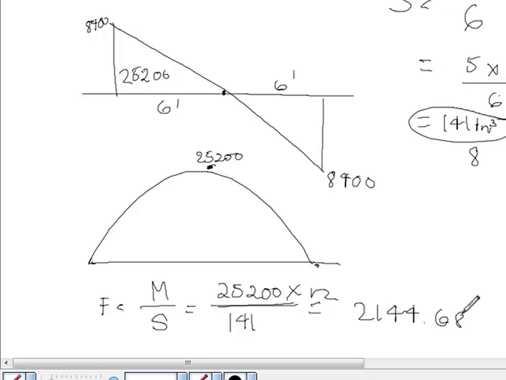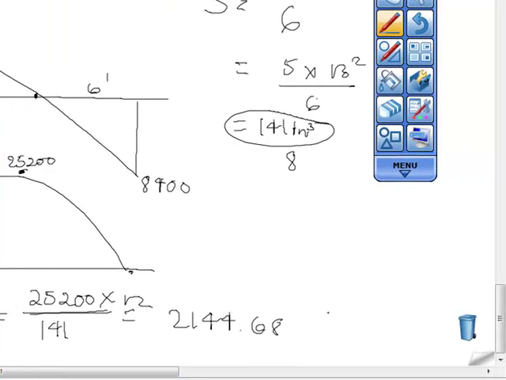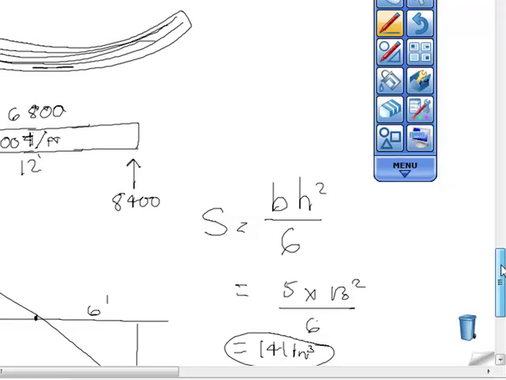Okay. And that is less than 2,400, which I think, if you look up the F for the 5 by 13 glulam, is what we're checking against. Find that chart again. Structural lumber.